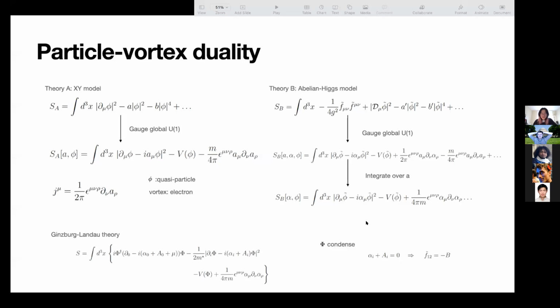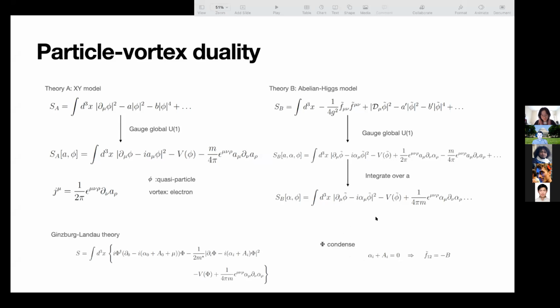So we can consider the phase diagram of both sides and match the phase diagrams of the two sides.